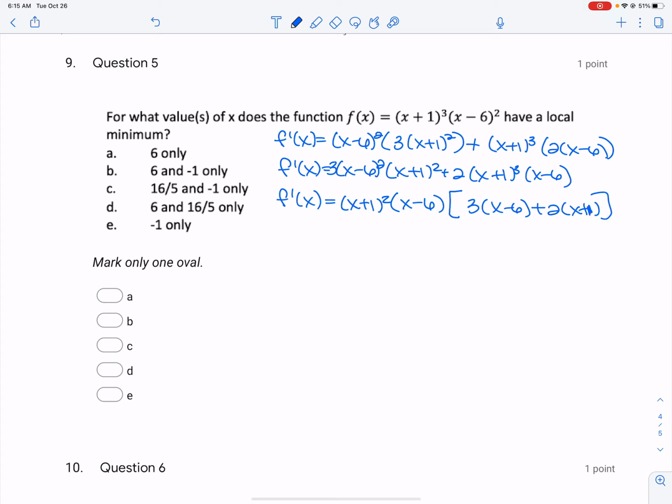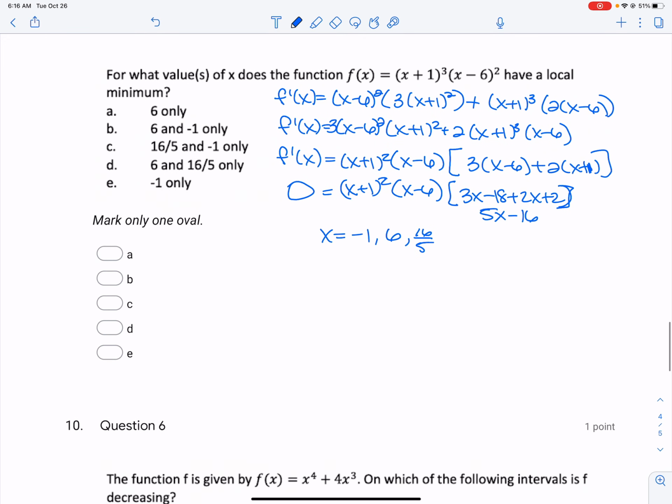So I'm left with an x plus 1 squared and x minus 6, 3x minus 18 plus 2x plus 2. So I get a 5x minus 16 on the inside. So when I set this equal to 0, I get a negative 1, a 6, and a 16 over 5.